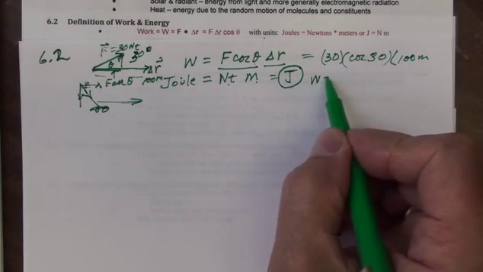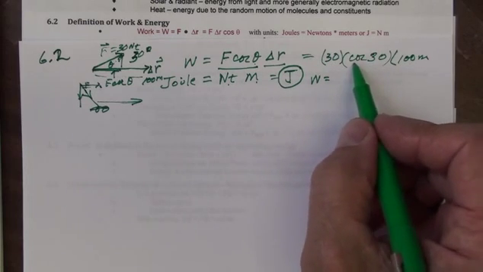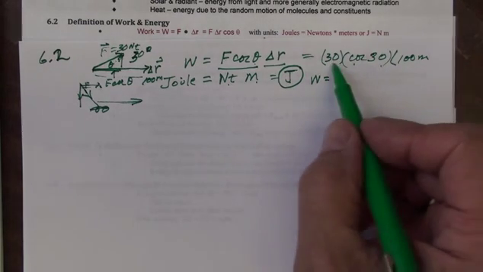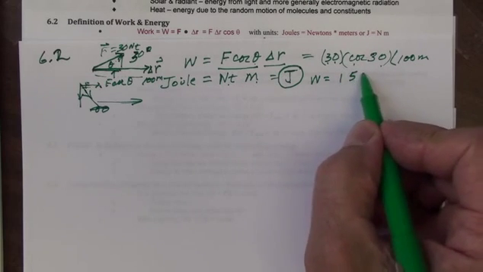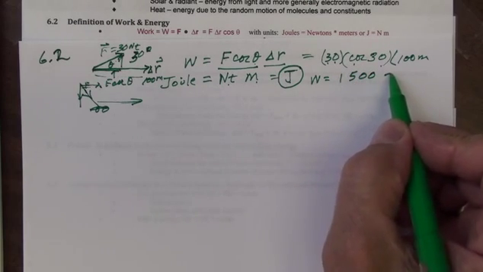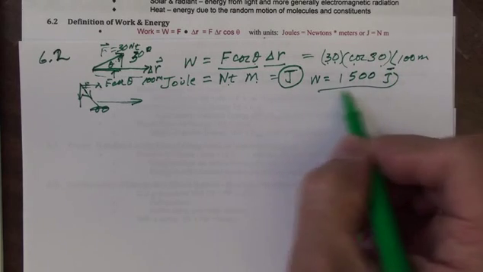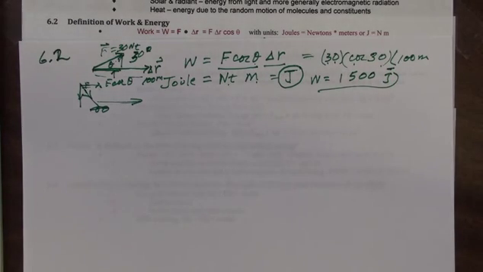So the work is going to be equal to, for mowing this lawn, cosine of 30 is 1/2, so that gives us 15, and we have 15 times 100, so it's 1,500 joules of work. 1,500 joules. And remember again, it's a scalar. It doesn't point one direction or another any more than heat or mass or temperature point one direction or another.